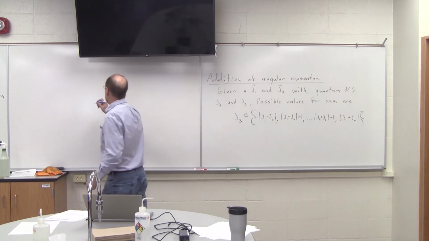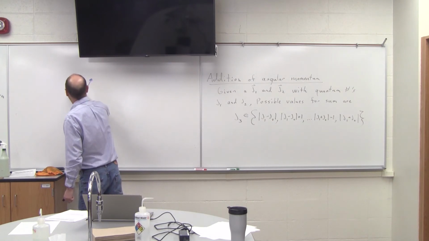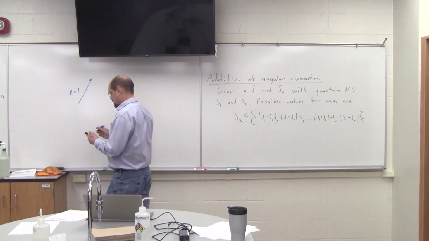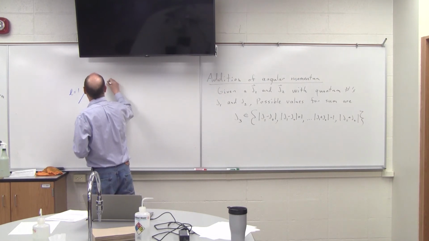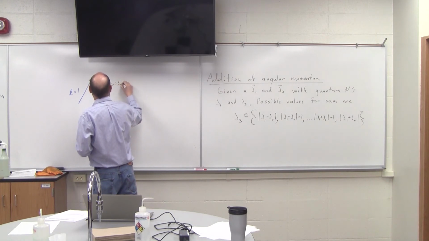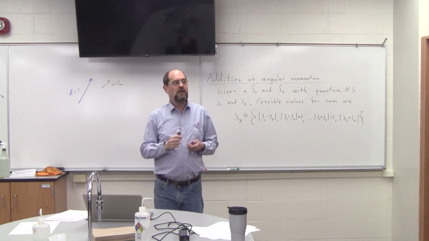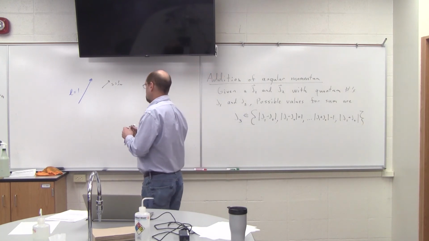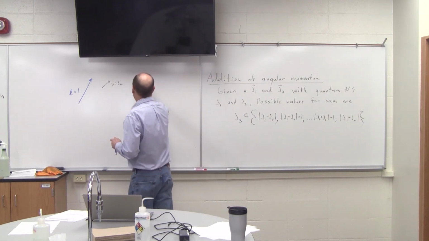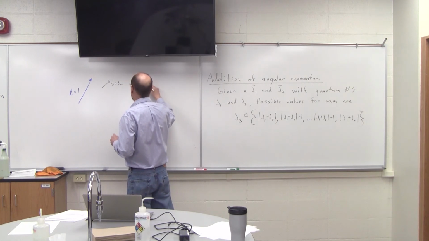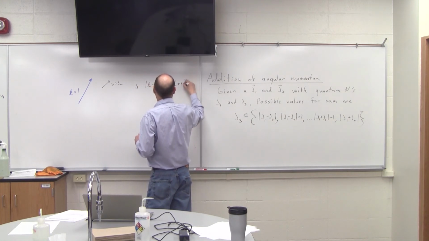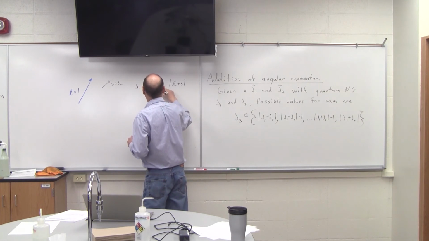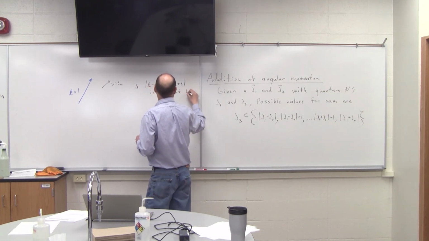Suppose I have L equals 1 and S equals 1/2. How can I put these together? I have a J that goes from L minus S to L plus S in intervals of 1.